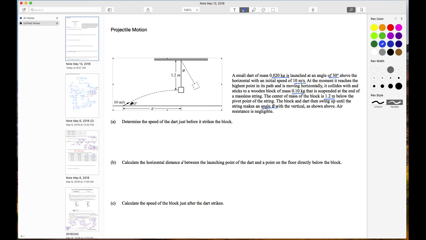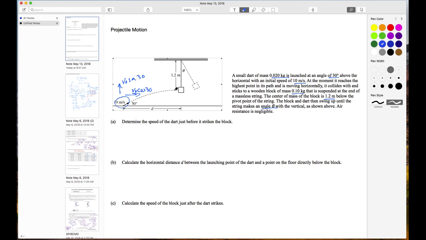So starting out, we'll consider that this velocity has a component upward and a component sideways. The horizontal component of the velocity is whatever that initial velocity is times cosine of 30, and the vertical component is v0 sine 30. Why does that help me?